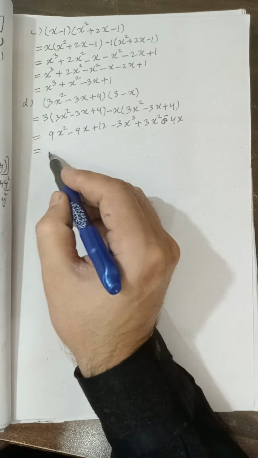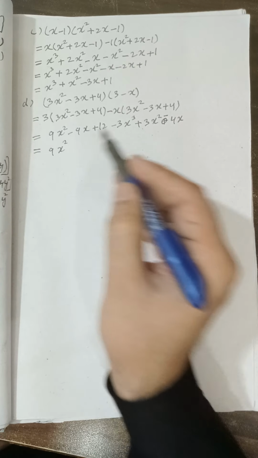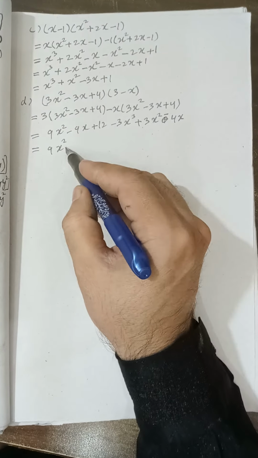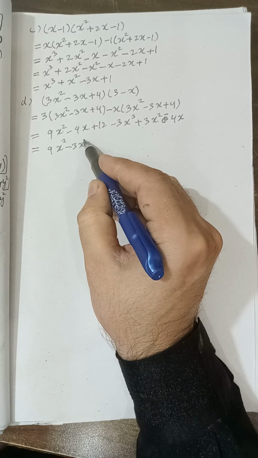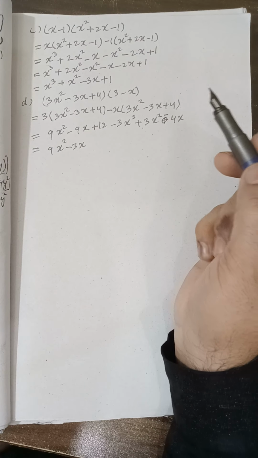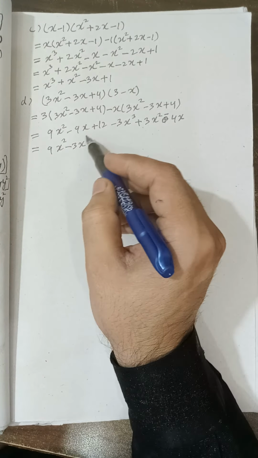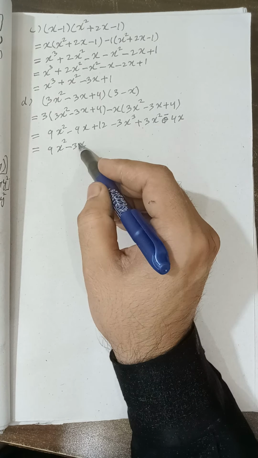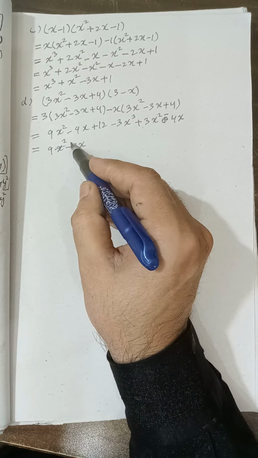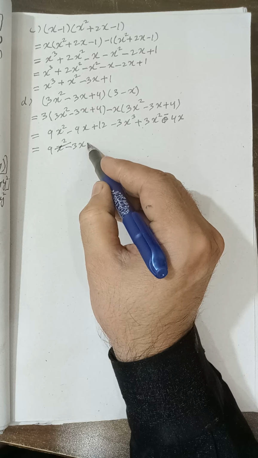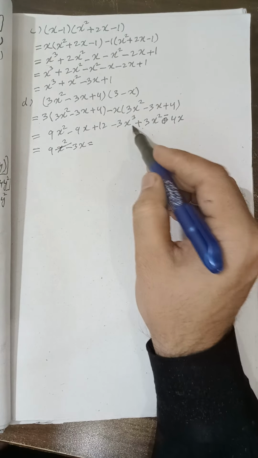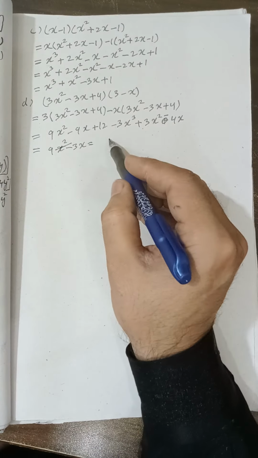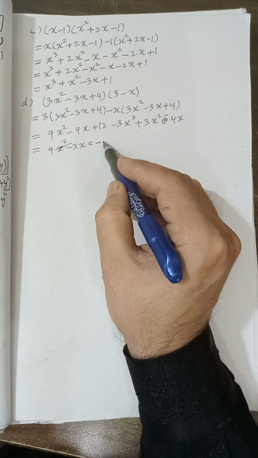Now arrange the similar terms, no matter wherever they are. First I should write the similar term, that is x cube. X cube is the biggest degree term. We will write it first.